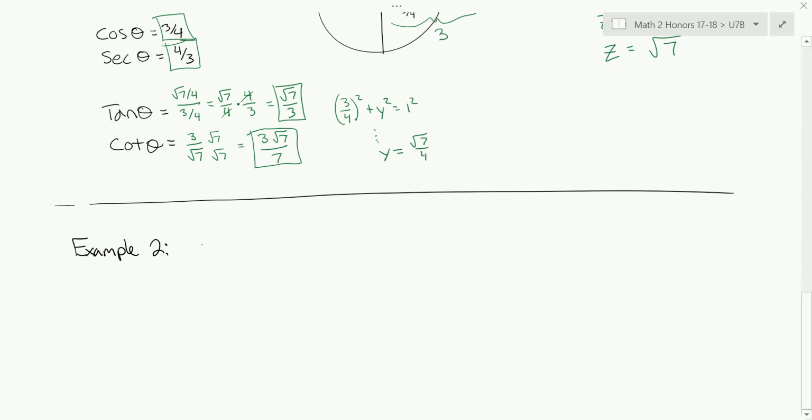So find all 6 trig functions of theta if the cotangent of theta is 5/3. Okay. Again, like the one before, let's assume we're working in quadrant 1.